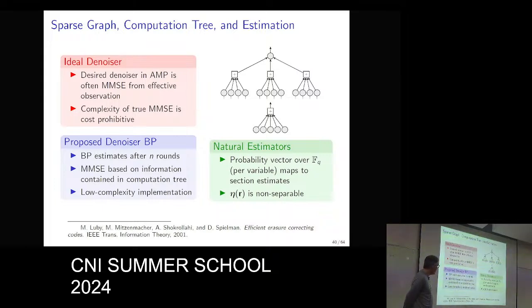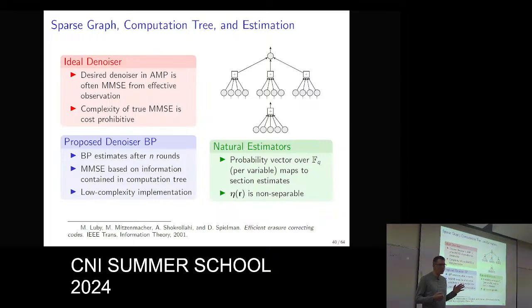Let's say we do n rounds of message passing. So the estimate that you will get out of your denoiser, I want you to think of this bipartite graph that we had a few slides ago. On one side, in circles, you had variable nodes, and on the other side, you had check nodes.